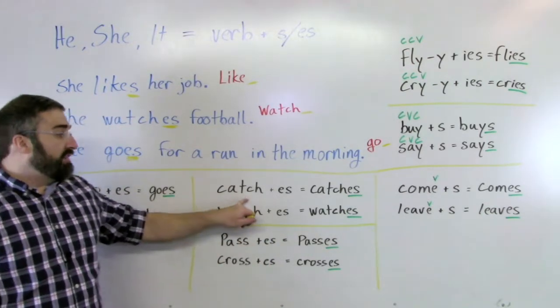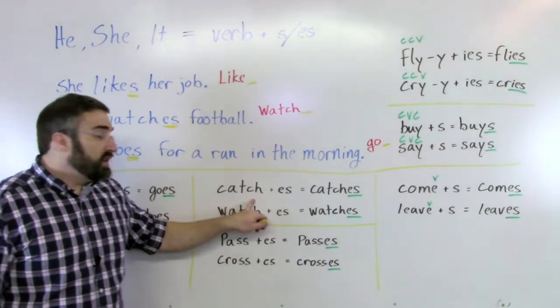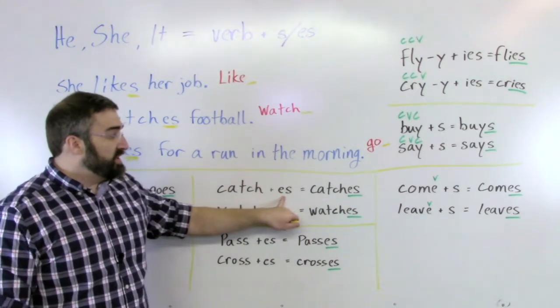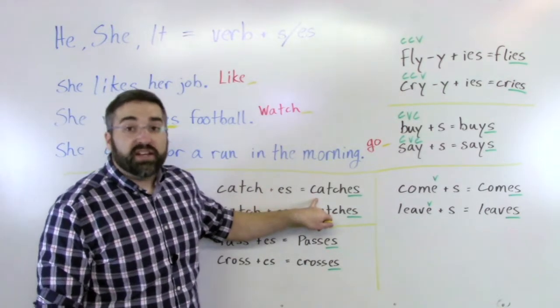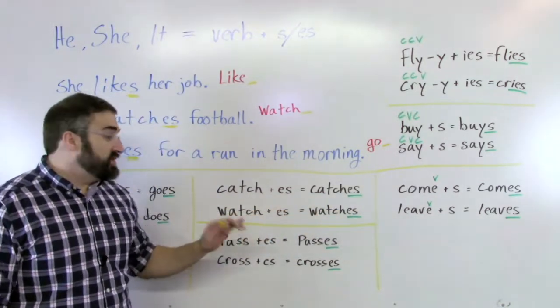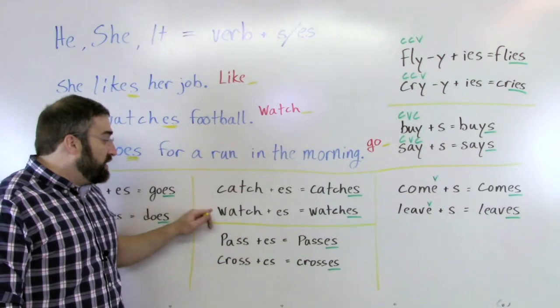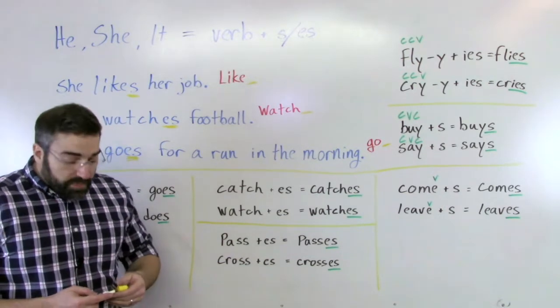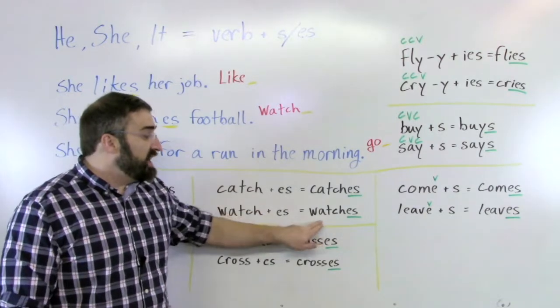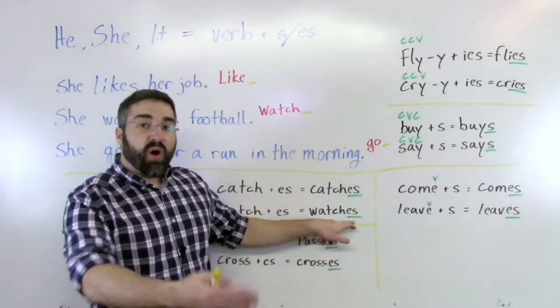So anytime you have a ch sound, catch plus an ES, and you end up with the word catches. She catches the ball. You have watch plus ES, and it ends up being watches. She watches TV.